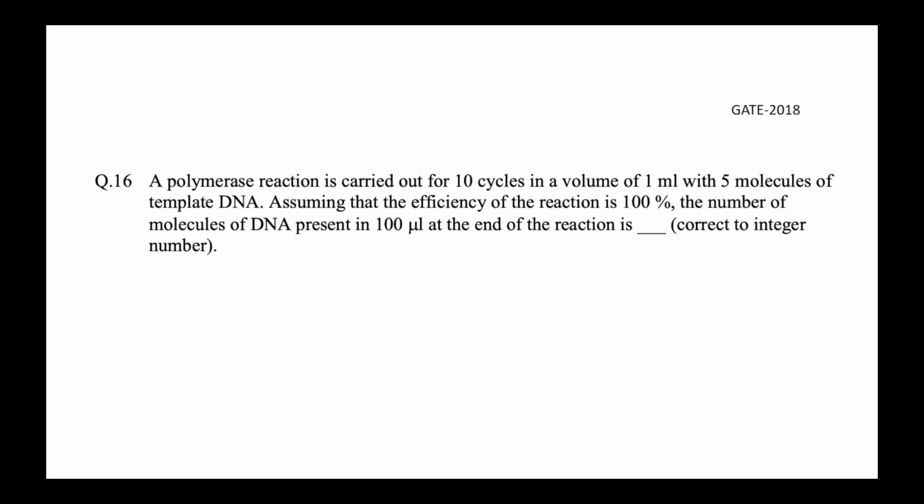Hello everyone. So today we were discussing the question that has appeared in GATE 2018 Life Sciences paper. The question number is 16. The question states a polymerase reaction is carried out for 10 cycles in a volume of 1 ml with 5 molecules of template DNA, assuming that the efficiency of the reaction is 100%.